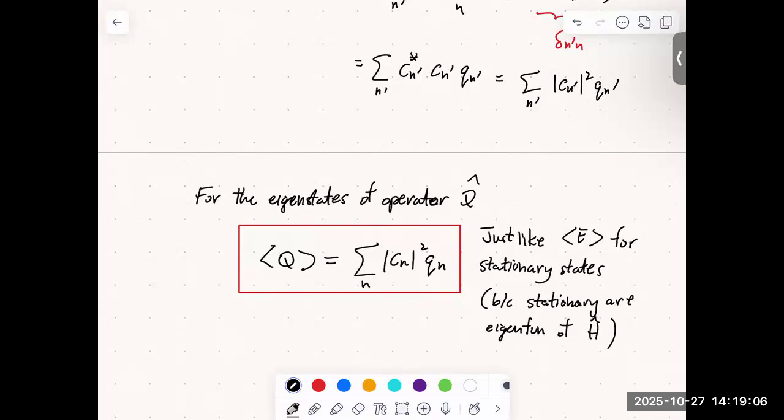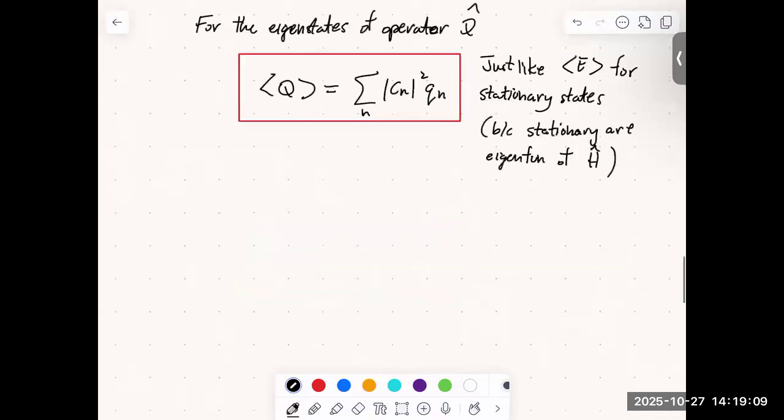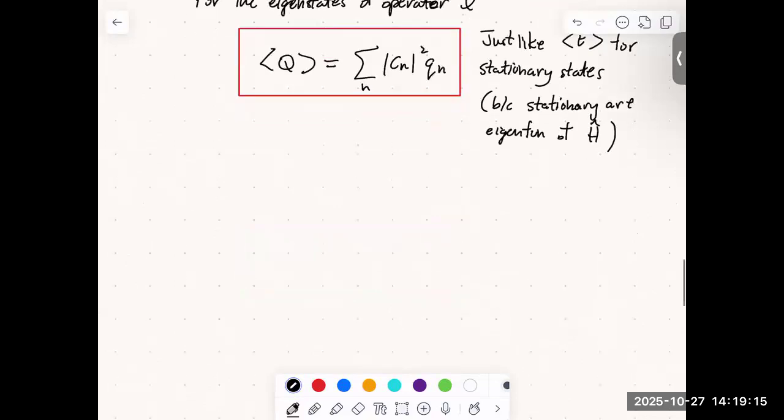So let's see if we could work this out for something that is not a discrete set of states, but something that's continuous, like the momentum.